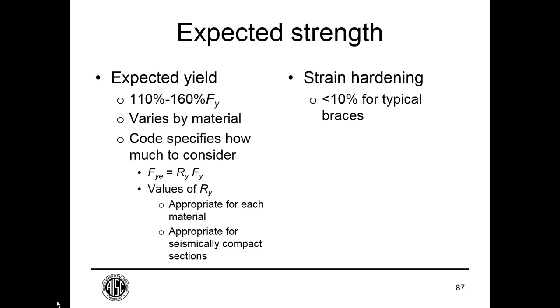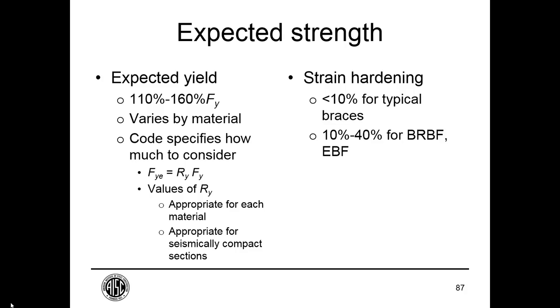Also, our material tends to strain harden. For typical braces, they may strain harden a little bit, but the strain tends to be reasonably well distributed. And so it's about 10%, and to keep our design methods fairly simple, we don't include that in the design of bracing connections. For other systems, say buckling restrained braced frames or eccentrically braced frames, it can be larger.